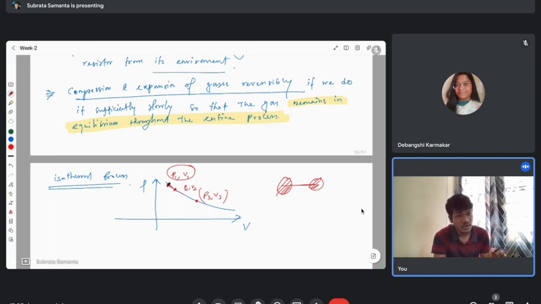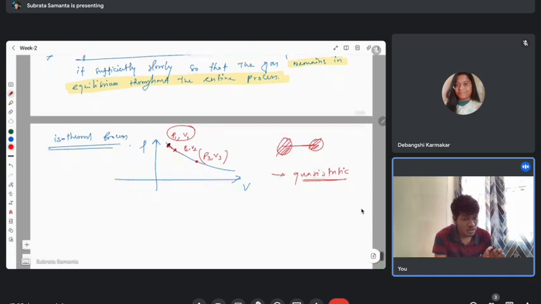This process is called quasi-static. Here, one equilibrium state is P1 V1 and another equilibrium state is P2 V2.